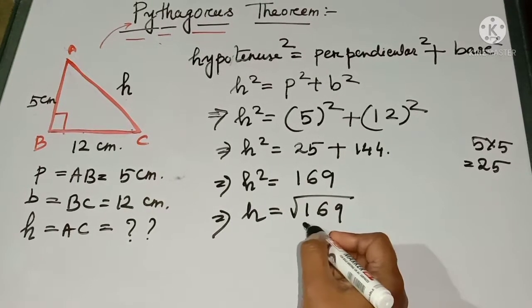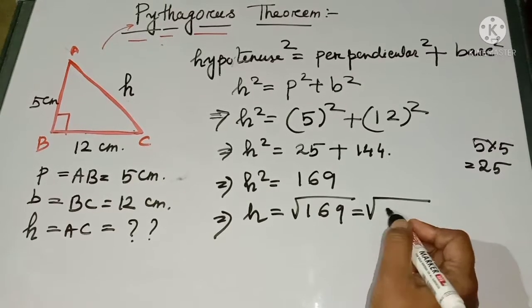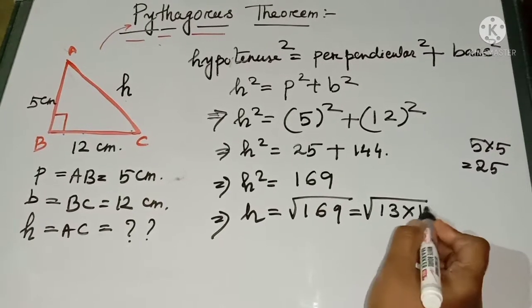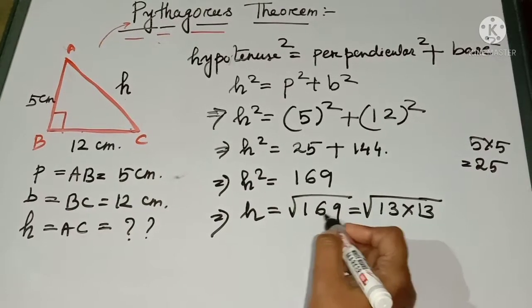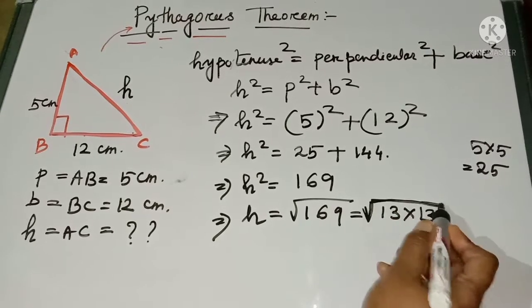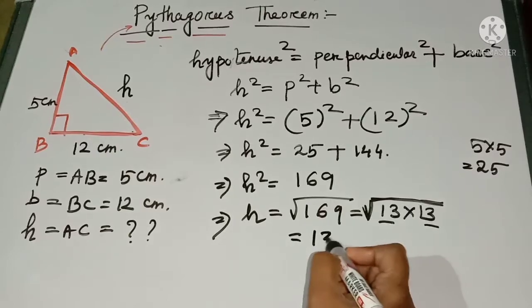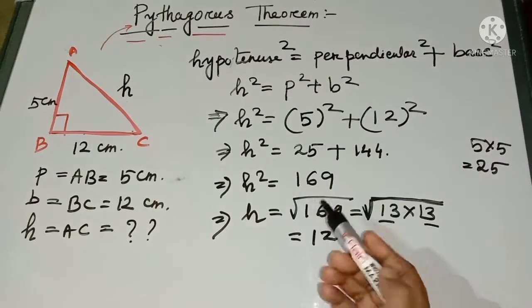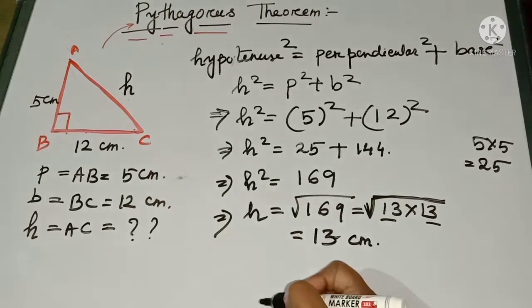So, do you know whose square is 169? It is 13 into 13. When you multiply 13 two times, you will get 169. And if there is a root over the same digit twice, then it becomes a single number. It becomes 13. So it is 13 centimeters. Understood?